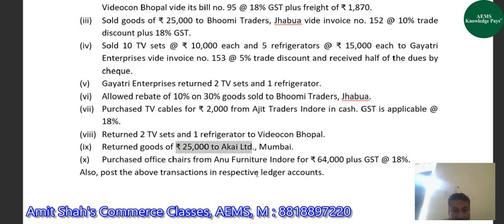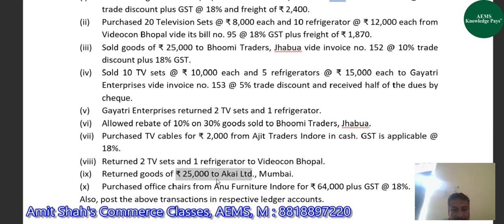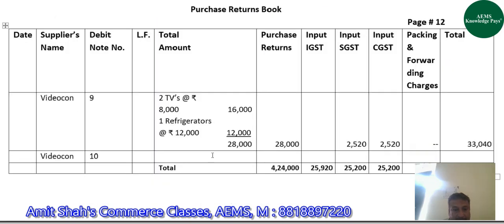And the next return of purchase is to Akai Limited for goods of rupees 25,000. Here interstate GST is applicable. The purchase return is 25,000, and 18% of 25,000 is 4,500.